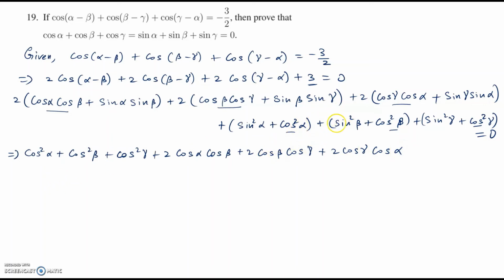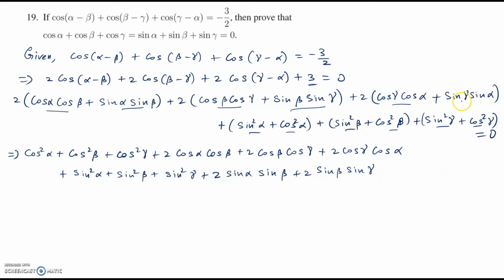Then let's take all the sine terms. Plus sine squared alpha plus sine squared beta plus sine squared gamma plus 2 times sine alpha sine beta plus 2 times sine beta sine gamma plus 2 times sine gamma sine alpha is equal to 0.